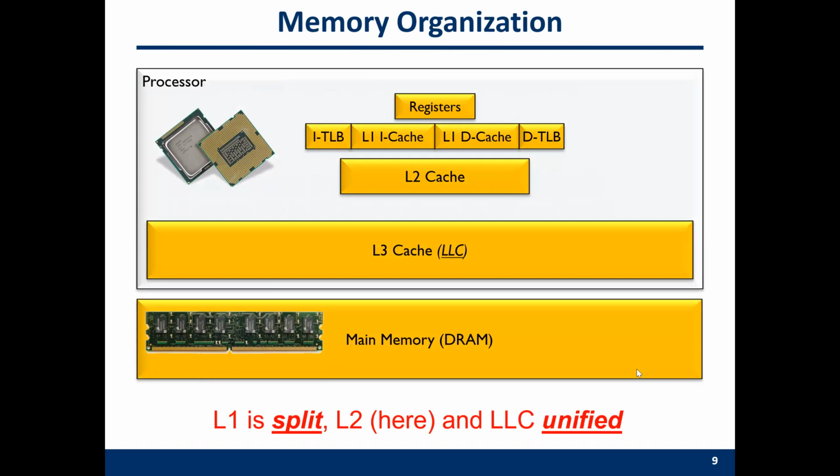Particularly nowadays, you have many cores, at least 2 cores, 4 cores, or 8 cores. And each single core has its own L1 cache and L2 cache. And the 8 cores or 4 cores may share the same L3 cache. And they share the same main memory system.